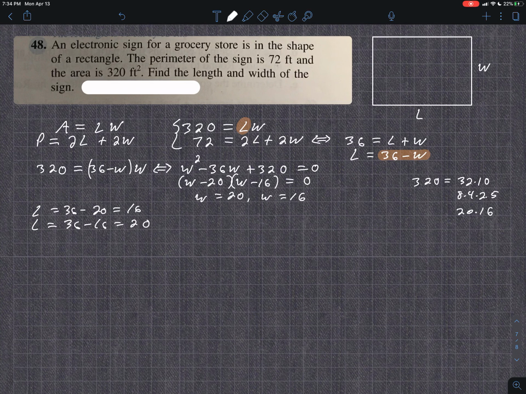Usually we report the length as the longer side and the width as the smaller side. So we'll say the length is 20 feet and the width is 16 feet. And that's our solution.